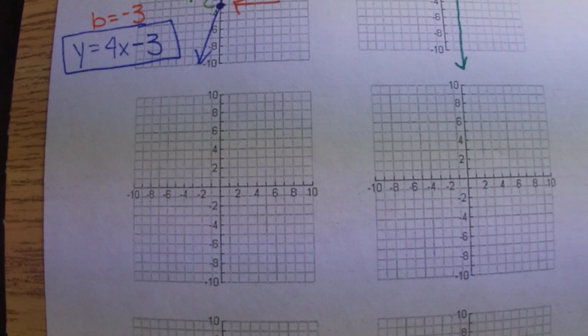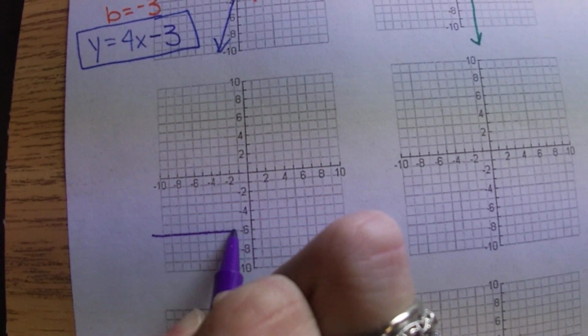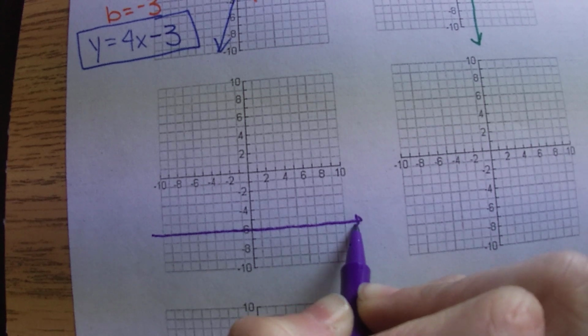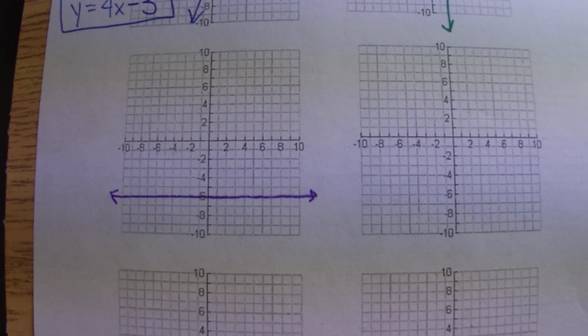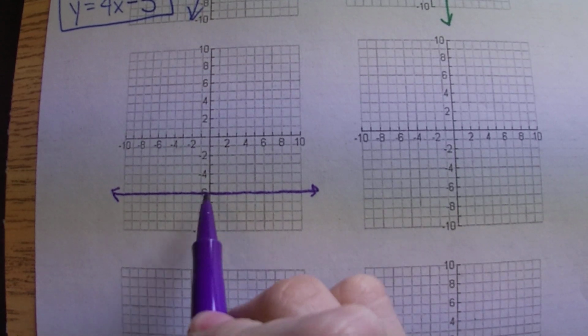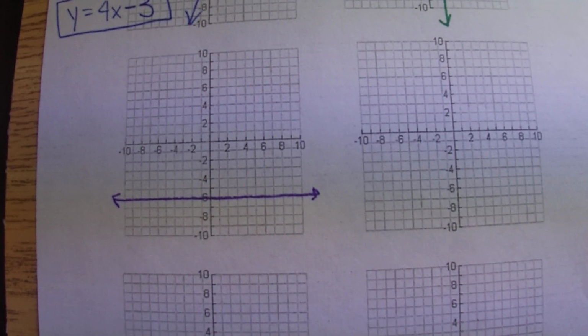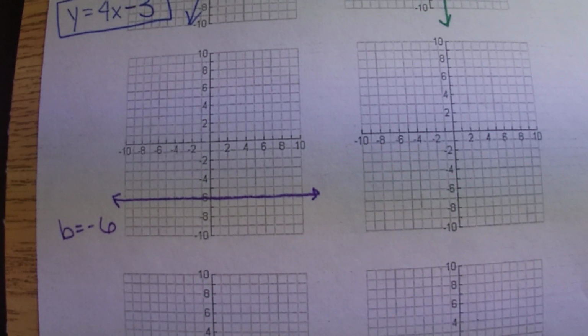Now, similarly, we could have a line that's horizontal. So I'm putting this horizontal line at -6. Here we actually could be a little bit more creative, and we could say, okay, I know this is crossing -6 on the y-axis, so I know my y-intercept.